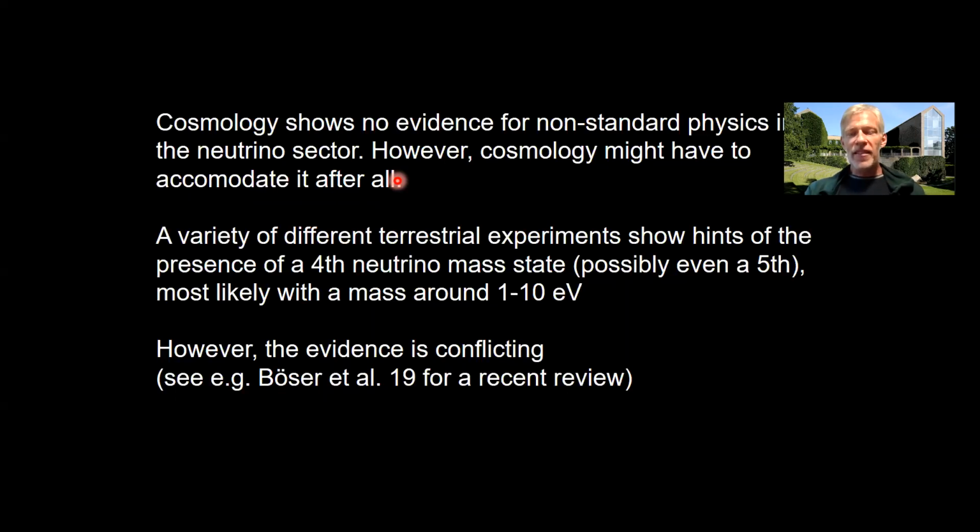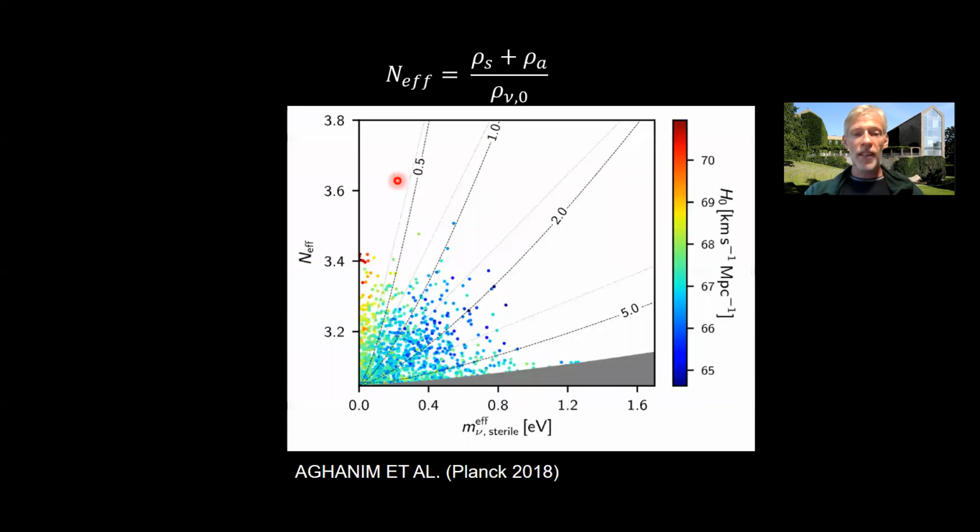But at the moment, there are some hints of perhaps the existence of an electron volt sterile state, one that is a singlet under the standard model interactions, but which could be thermalized in the early universe and contribute to the energy density. And such particles, of course, have also been constrained using cosmological data. This again is from the Planck data release paper.